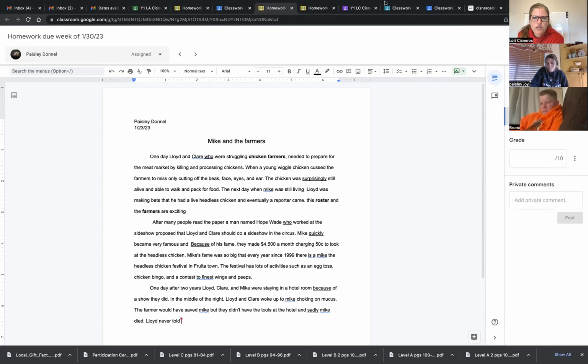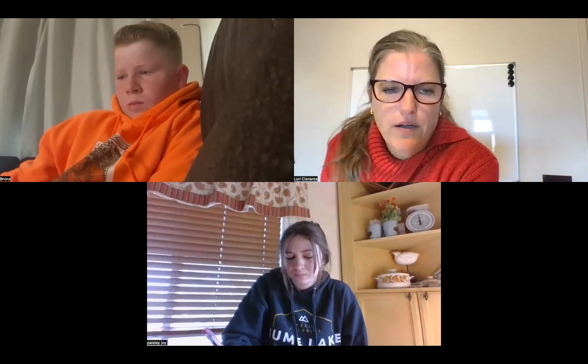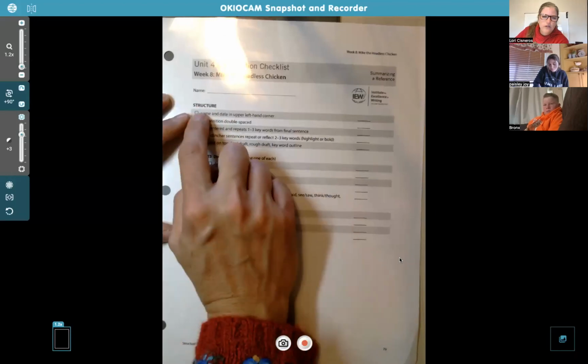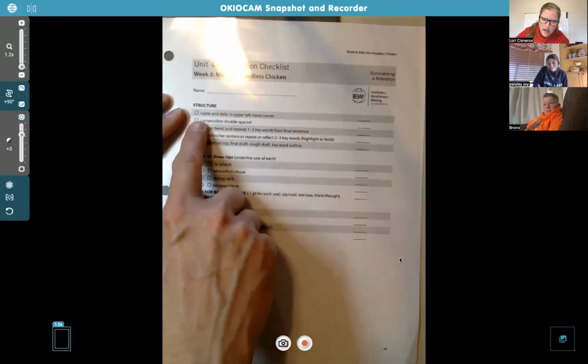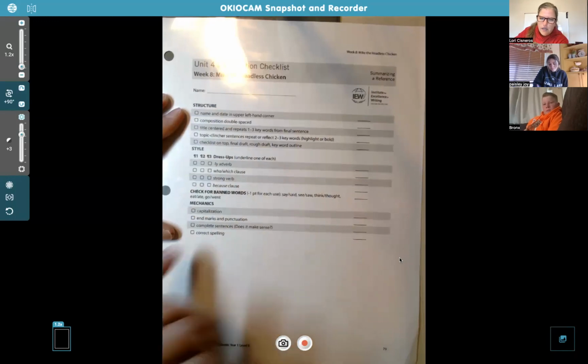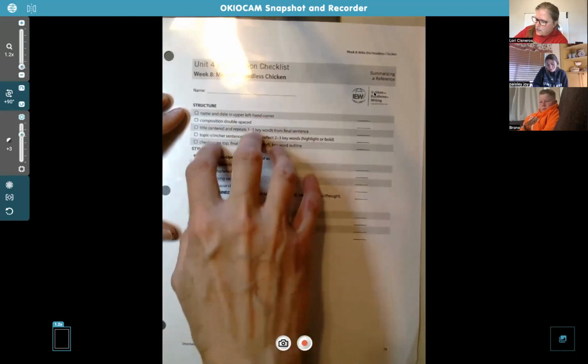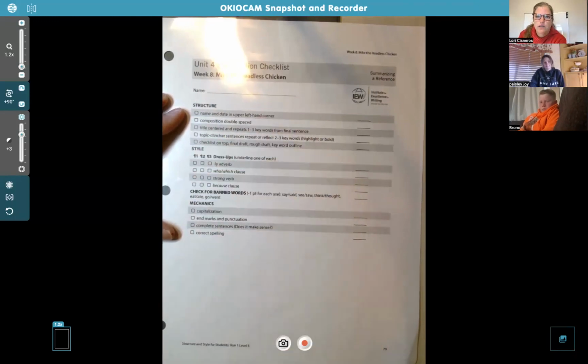Let me just show you, just to make sure you know what I'm talking about. So this is where I'm at, right underneath where it says structure. I'm going to go item by item, and I'm going to talk you through it because I can't share the checklist and Paisley's page at the same time. So I want you to be looking at this as I talk about it. It won't let me share both.